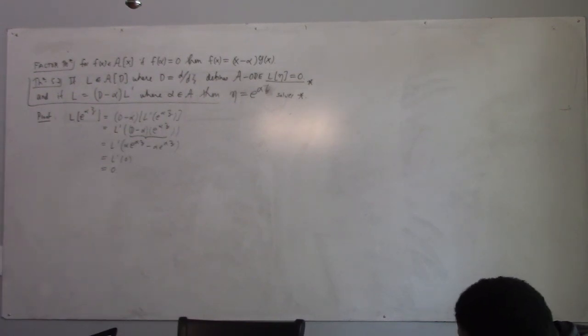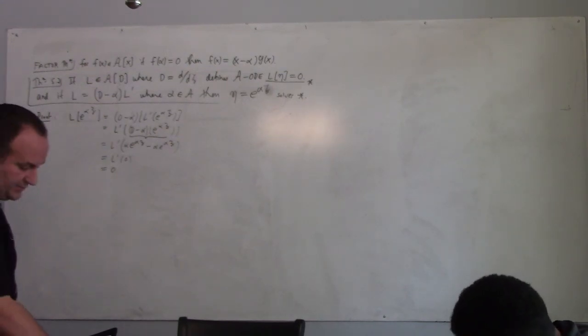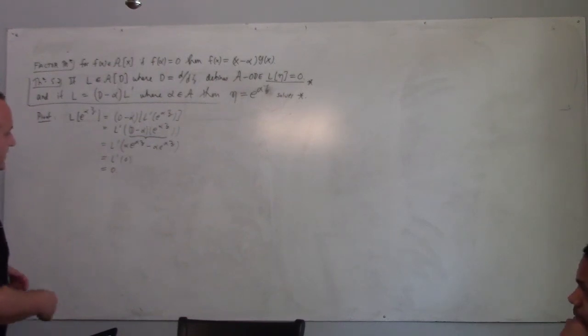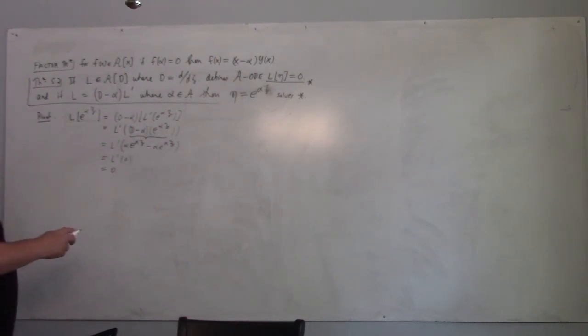Now, you could go through, I mean, if you haven't proved that those operators commute, fair enough, I guess I haven't. You could just do a direct calculation just the same.